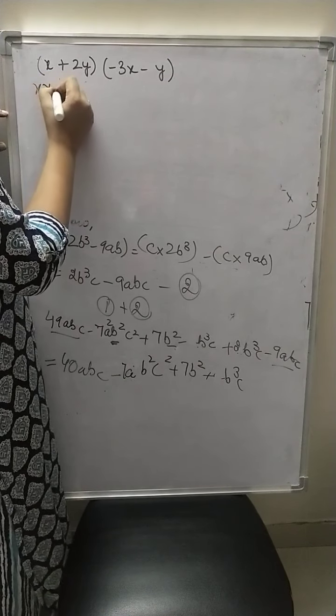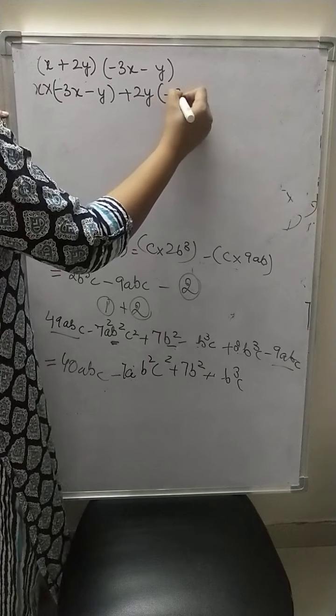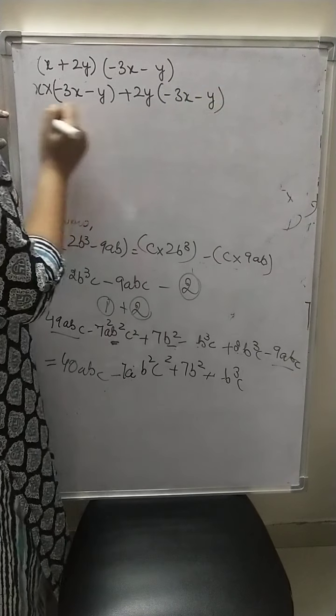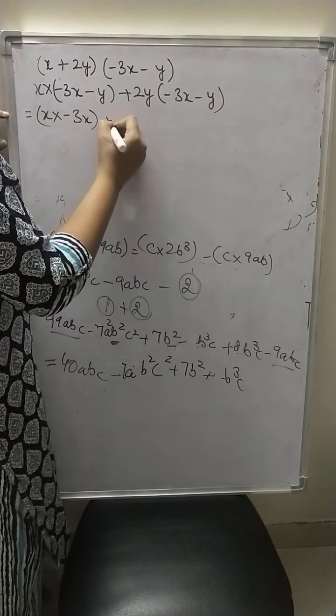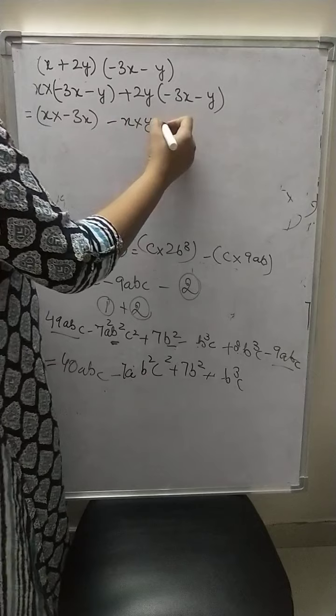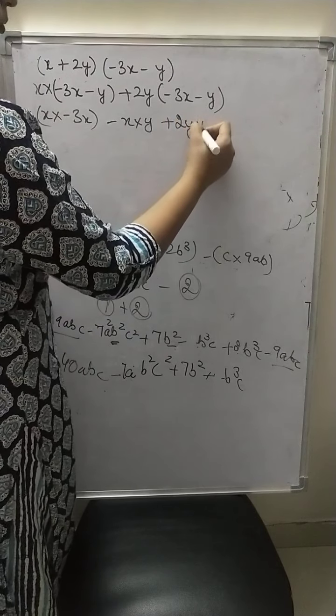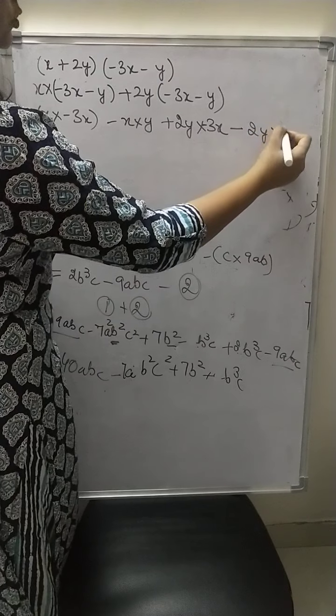So x into minus 3x minus y plus 2y into minus 3x minus y. Opening the brackets, x into minus 3x plus x into minus y, and 2y into minus 3x, now I'm directly showing you, minus 2y into y.